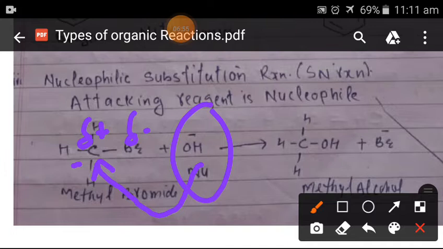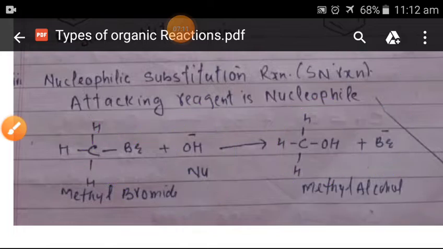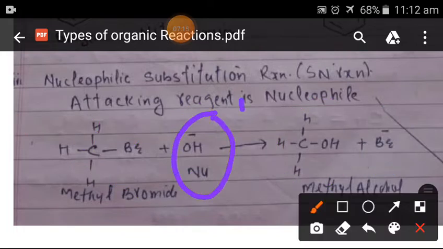As a result, the electron rich nucleophile attacks the carbon, which is the electron deficient center, resulting in the formation of methyl alcohol, and the bromine gets knocked out in the form of bromide ion. Clear? So this is called a nucleophilic substitution reaction because the attacking reagent is a nucleophile. Clear?